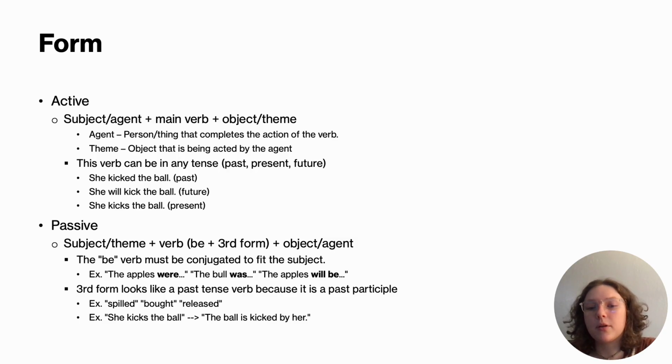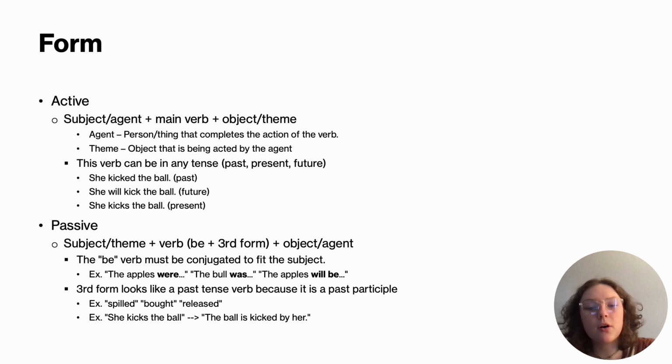So, for example, the apples were, but the bowl was. And in this example, both of these conjugations of be are past tense. However, the plurality of the subject makes the conjugation different. So because the apples is plural, we have were, and the bowl is singular, we have was.